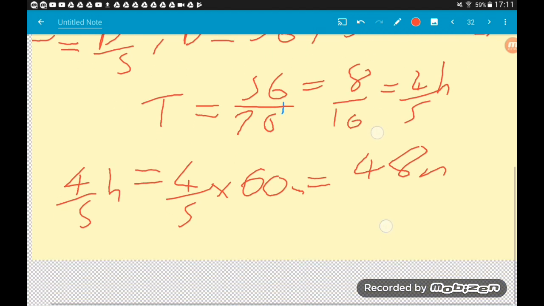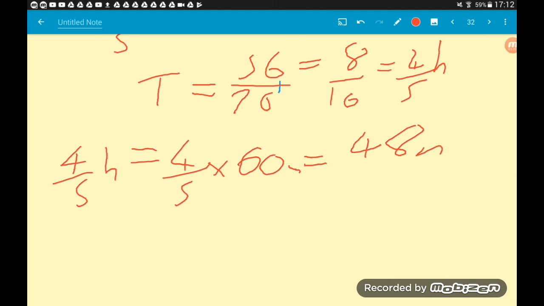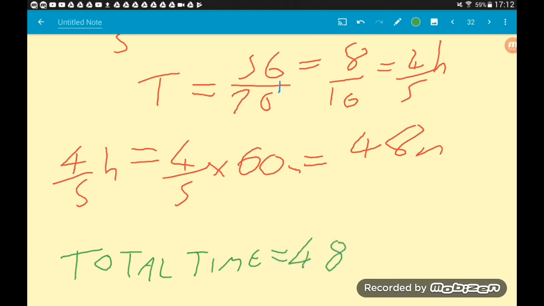Now we can work out the total time for the whole journey. So the total time is that 48 minutes plus the 75 minutes that it took him for the second leg of his journey.